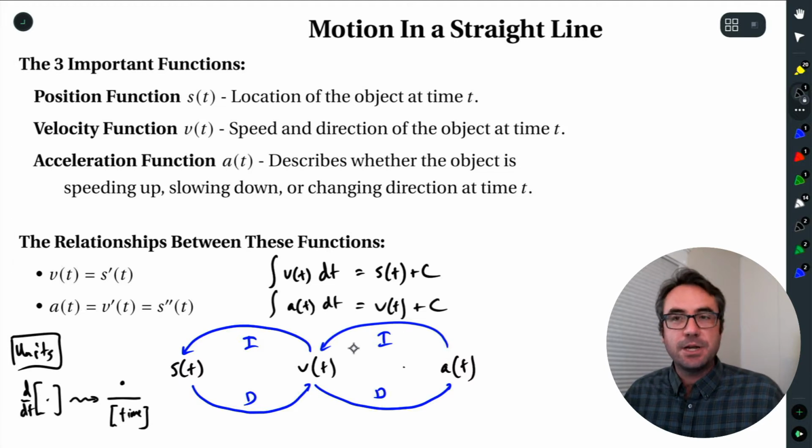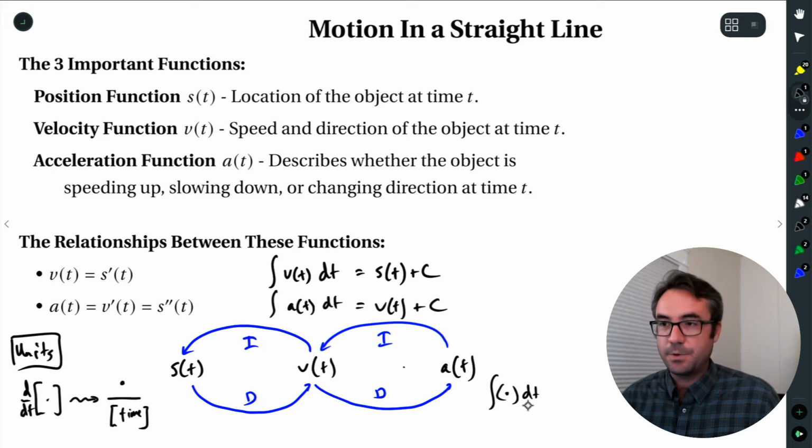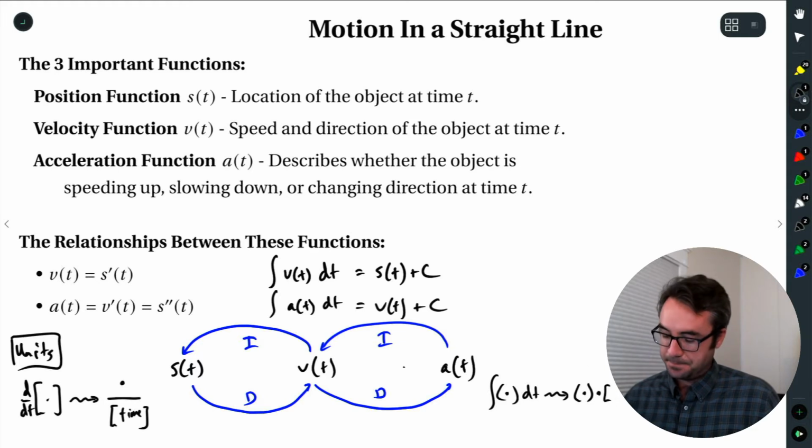Now, what integration does, instead of dividing by a unit of time, since we're integrating with respect to t, is take whatever units we have and multiply by units of time.